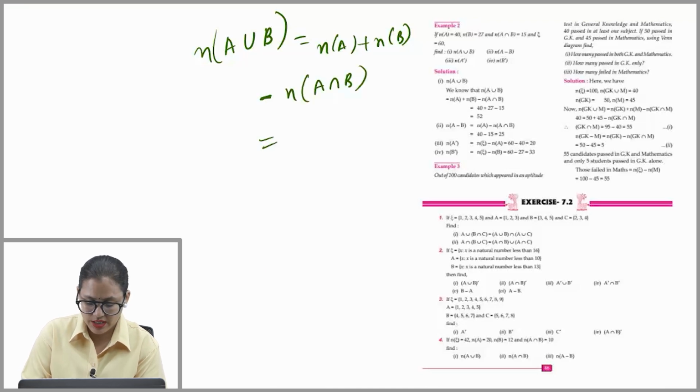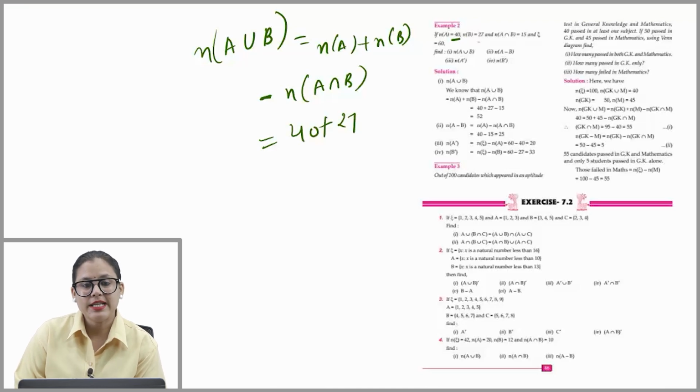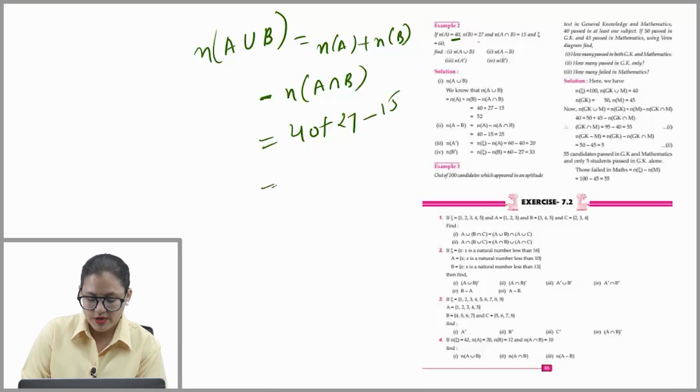So n(A) is 40 plus n(B) is 27 and n(A intersection B) is 15, minus 15. 40 plus 27 is 67, minus 15 is 52.